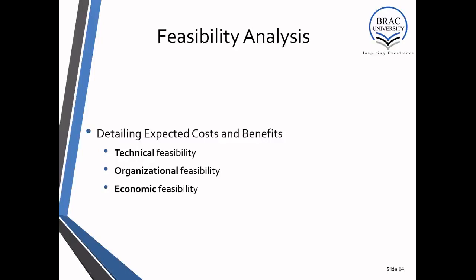Technical feasibility is related to the technology that will be used in the information system, and organizational feasibility comes from the organizational structure or development team, whether the development team will be able to develop the system. And finally the economic feasibility comes from business feasibility, like whether economically the project will be profitable or not.